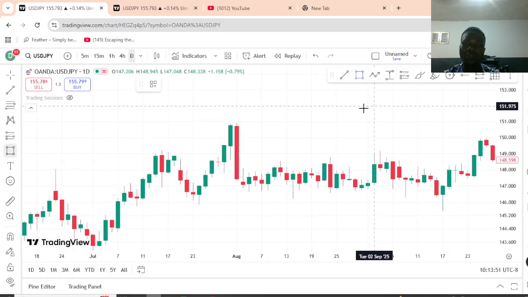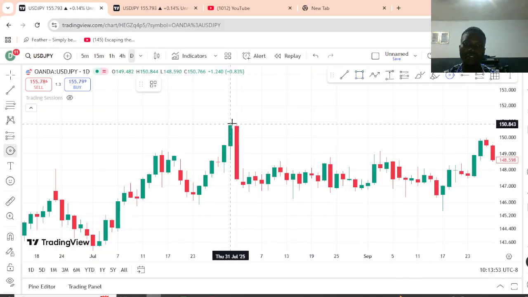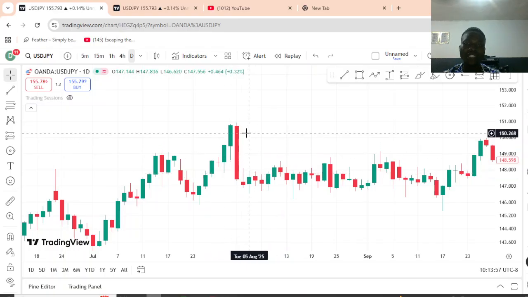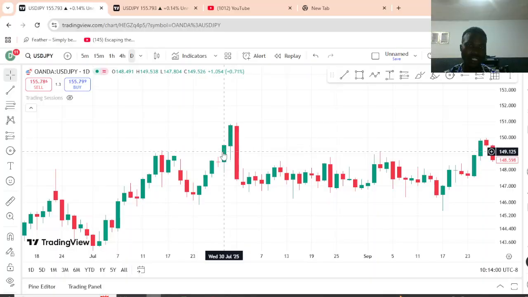The reason why we call it an engulfing candlestick is because it will actually consume the previous candlestick. It could be a red candlestick or a green candlestick, it depends on the case of the market.